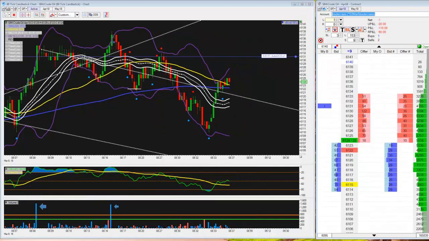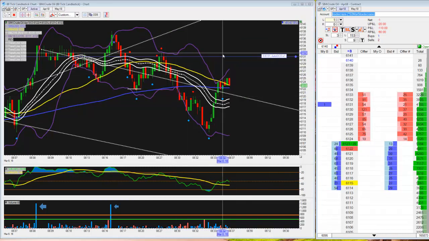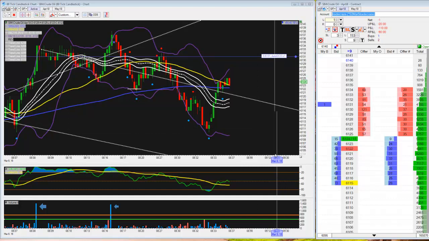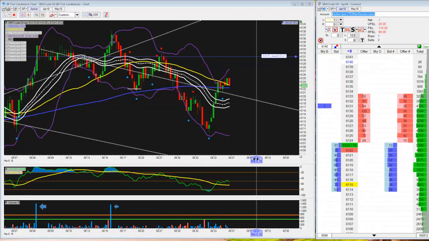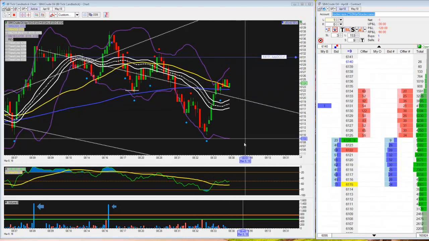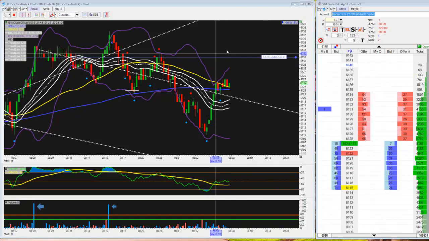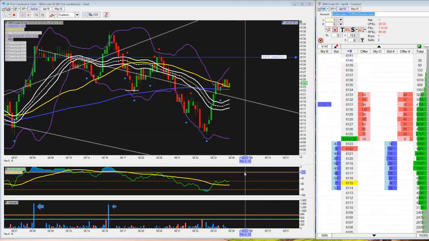Manipulation, pretty much. Usually it's the powers that be driving it up a little bit higher so they can sell it off at a better price. And you hope this better price is right here and it moves down from here and doesn't take you out before it moves the direction you think it's going to move.